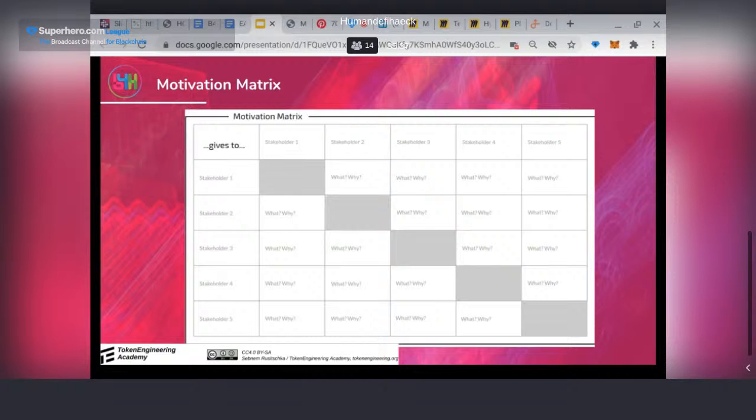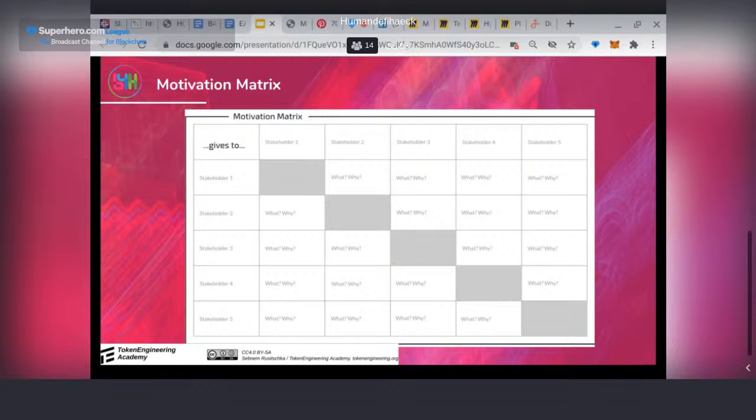Once you have the profiling of all those agents, you can build up your motivation matrix, and you can start defining the interaction that your agents will have among each other, in both senses.